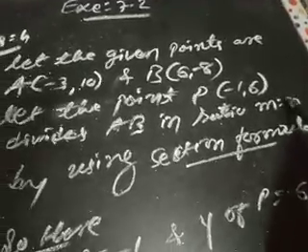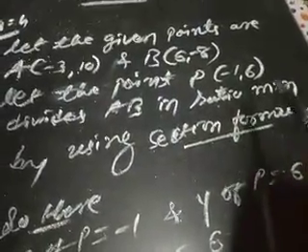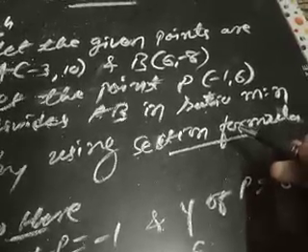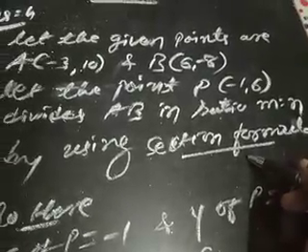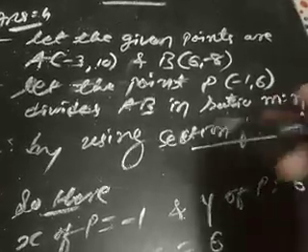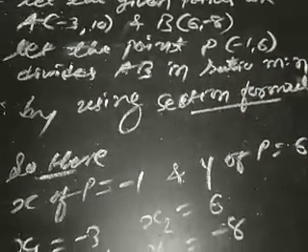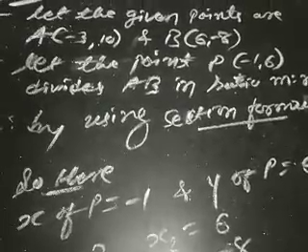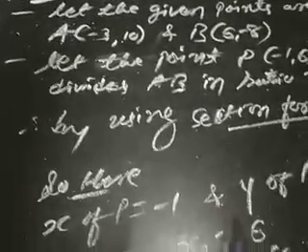We have to find this by using the section formula. On the first day I taught you different formulas, so there is one section formula, which you remember: x is equal to (mx2 plus nx1) upon (m plus n), and similarly for y. So this formula we use here.